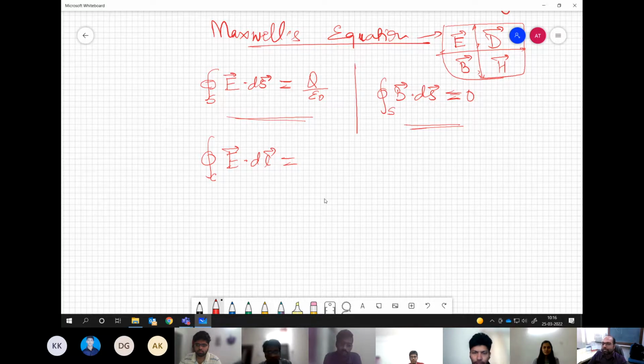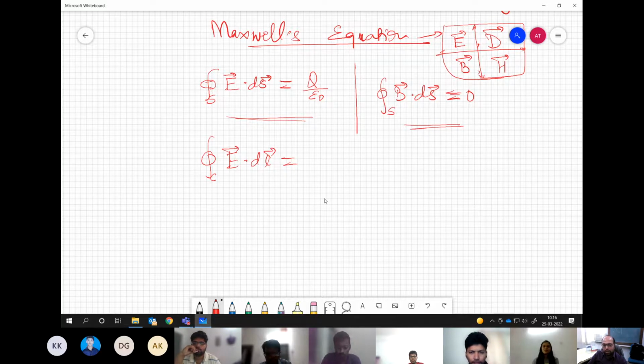Something like the time rate of change of flux density. This is nothing but your EMF when you are integrating. So this is how it relates to the rate of change of flux.